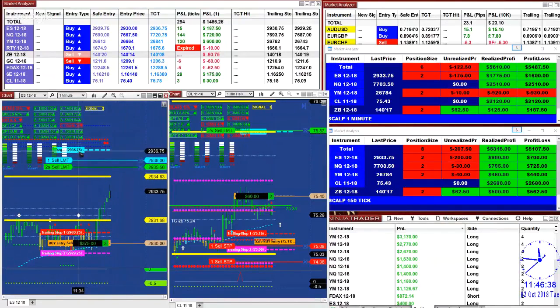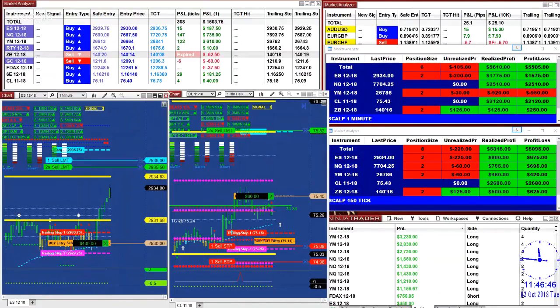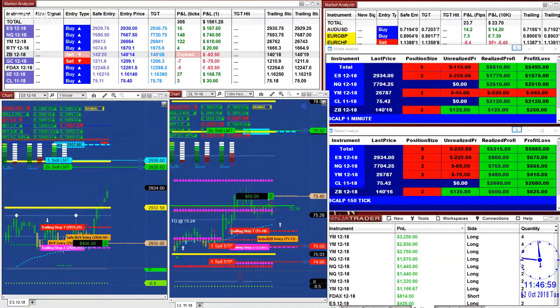I know the target is 36.75, that's the auto trade, but technically the market will reverse at 35.50. So close the position at 35.50, open a short position at 35.50. Let's look at it.